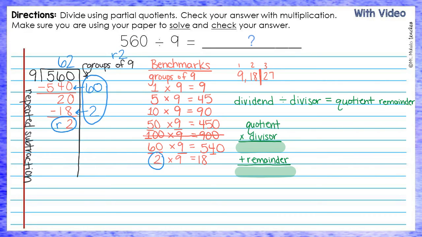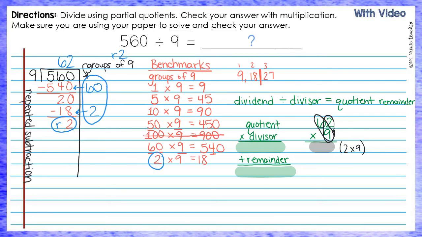Let's check our work. Our quotient, our answer to our problem, was 62. And we multiply 62 times our divisor. Our divisor is 9. Pause the video so you can multiply. I'm going to solve using partial products, so I'm going to multiply the 1s times the 1s, which is 2 times 9. My product to 2 times 9 is going to go here. Then I'm going to multiply the 10s times the 1s.